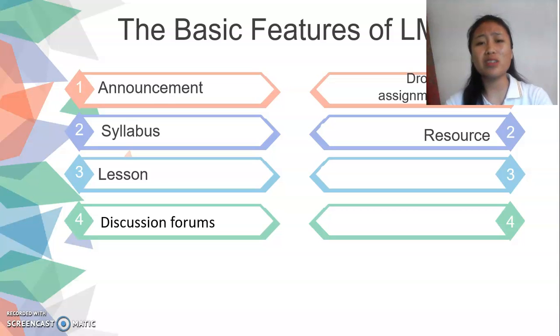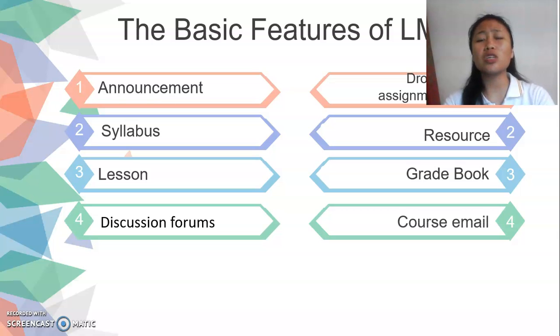The next is about resource. Of course, in a class there will be a reference or resource to make a student get the information of the topics. The grade books. These tools provide how the teacher gives the score, how the teacher counts participation.